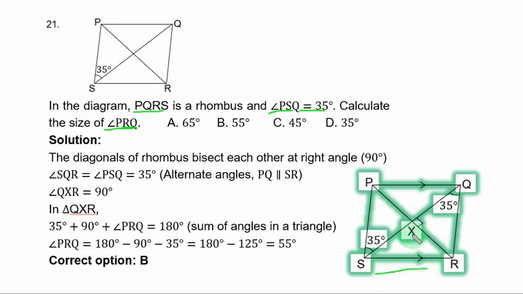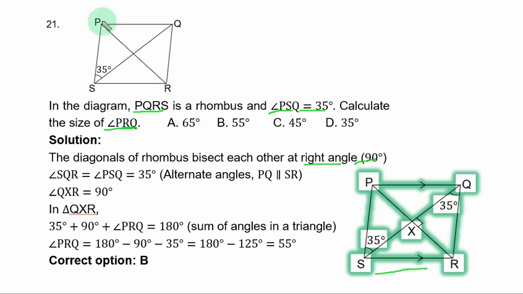So we have letter S at the point of intersection of the two diagonals. You must note that the diagonals of a rhombus intersect each other at right angle. That is 90 degrees.